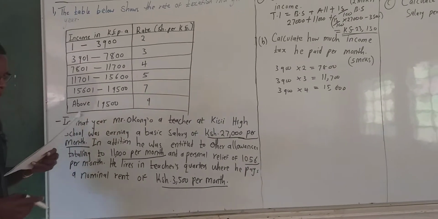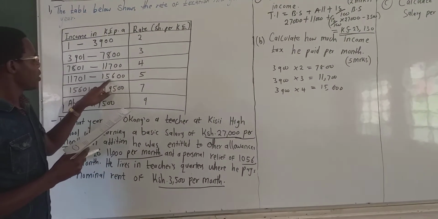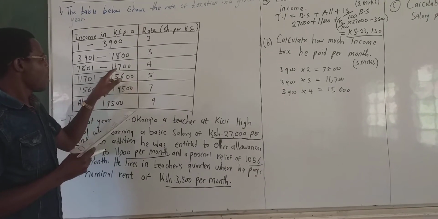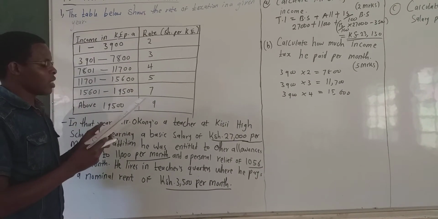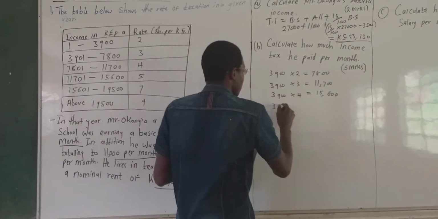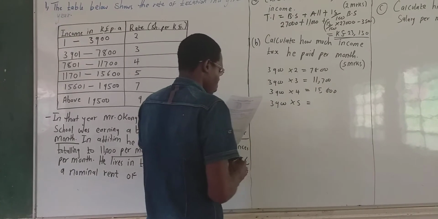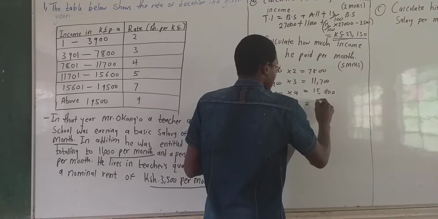Then we move to the fifth one. We have 15,600 minus 11,700, which is also giving us 3,900, then times 5, which gives us 19,500.